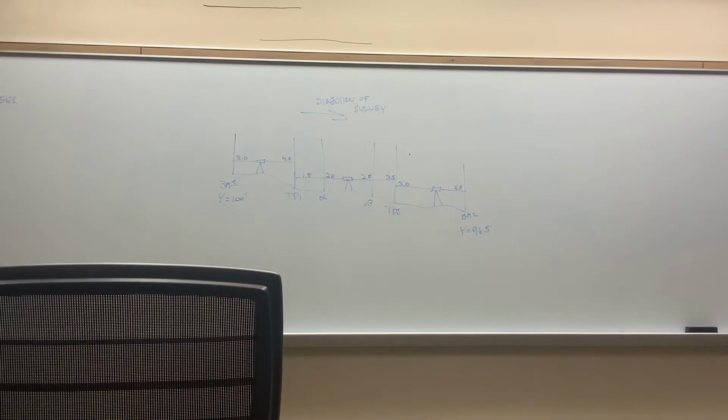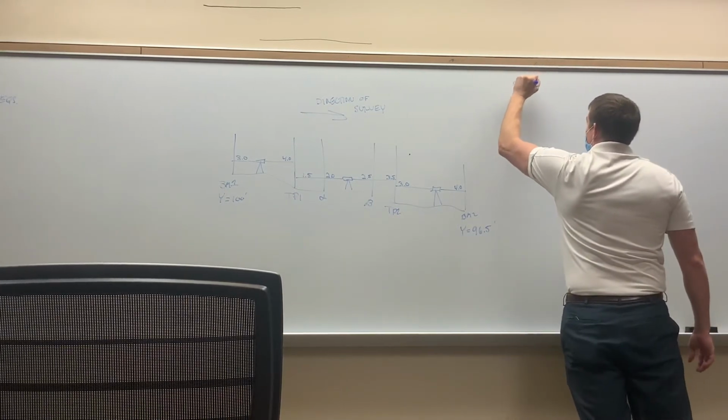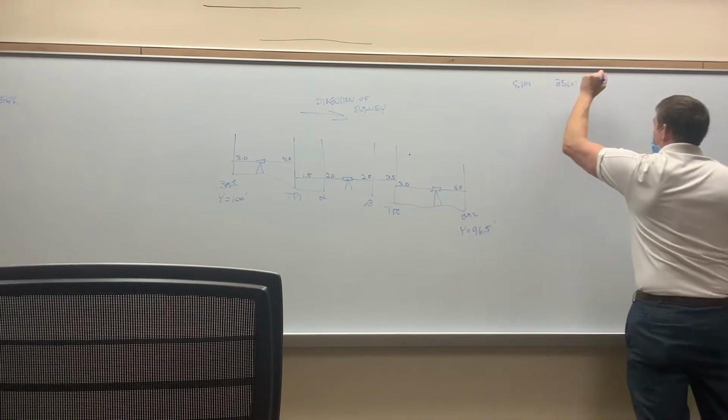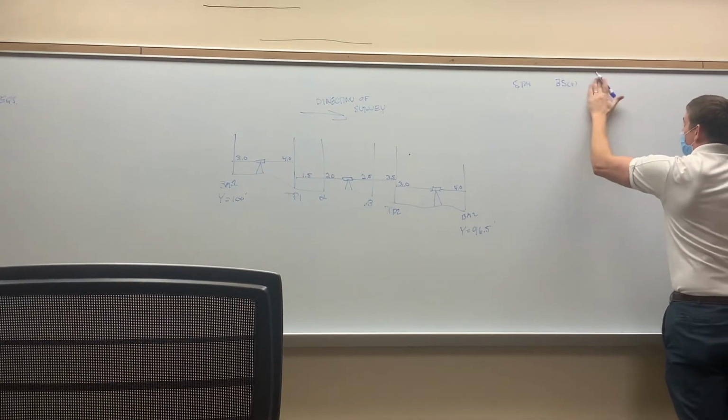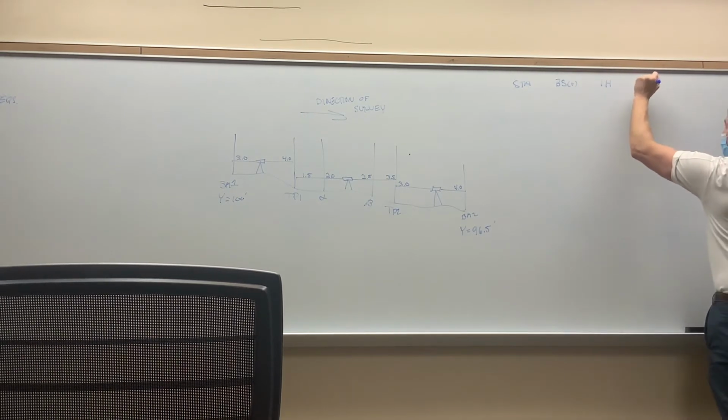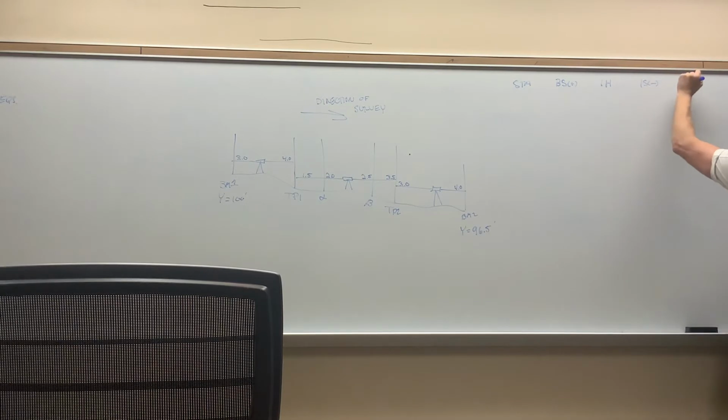We'll go step 1. Make table. Okay, so we'll go station, backside, instrument height, intermediate station, foresight, elevation.